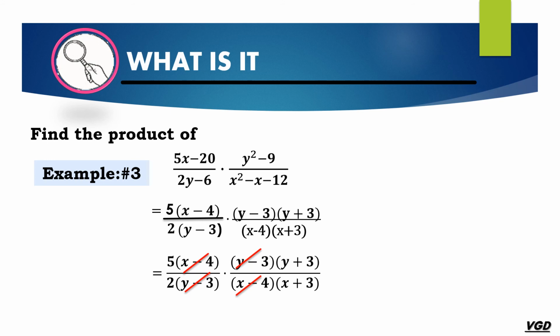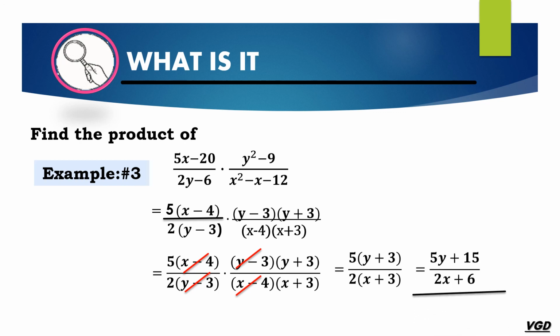So as we simplify this, we will be able to get this answer: 5 times the quantity of y plus 3 over 2 times the quantity of x plus 3, in which, as we simplify, we will get 5y plus 15 over 2x plus 6.